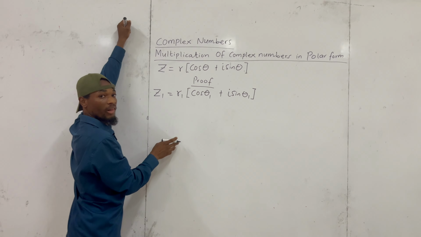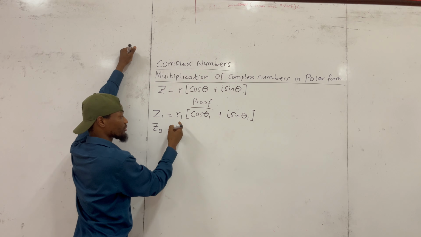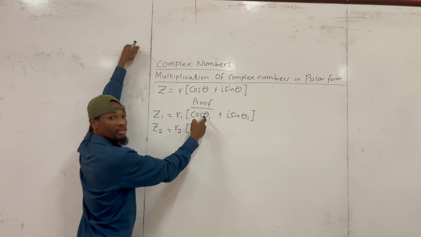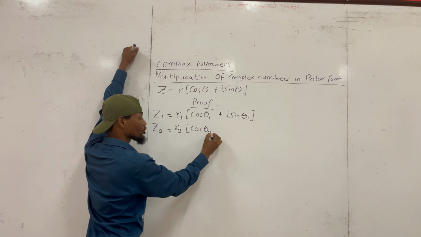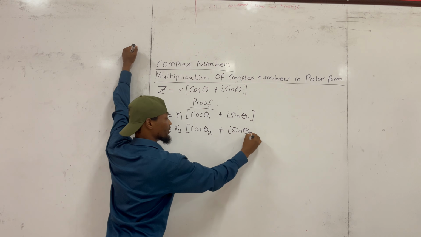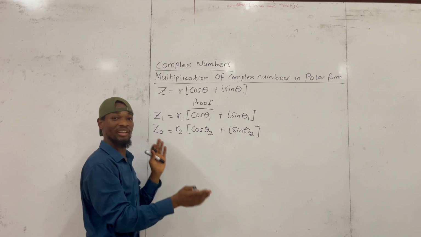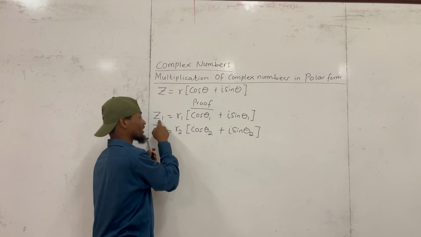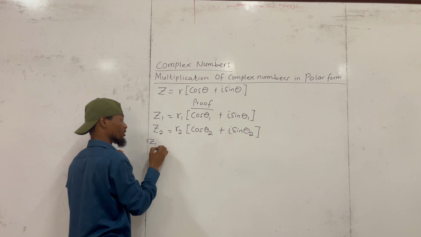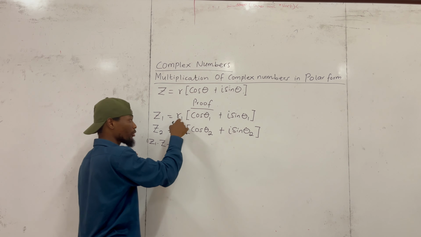Also, complex number z2 is equal to r2 multiplying cos theta 2 plus i sine theta 2. Because I'm doing multiplication of these complex numbers in the polar form, I can say that z1 multiplying z2 is equal to: you multiply this and that.